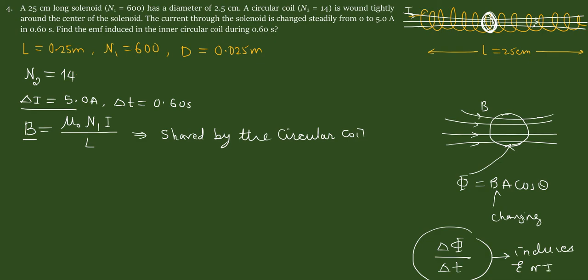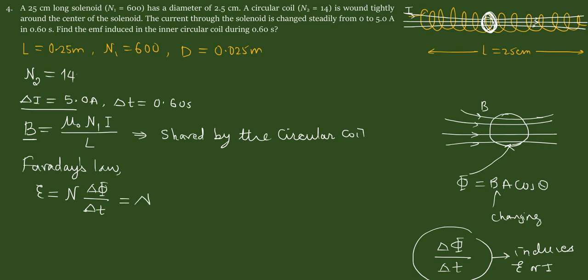So Faraday's law tells us that EMF is equal to minus N delta phi over delta t. I will neglect the minus sign for now, because we are only trying to find the magnitude.